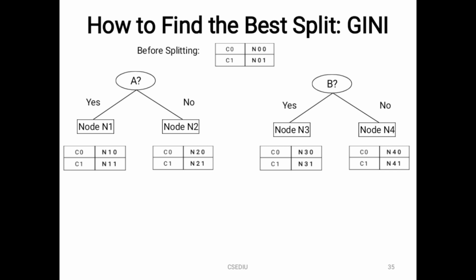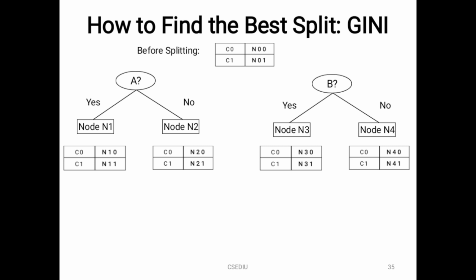How to find the best split in Gini? Here there are two options, A and B, with nodes 1 and 2, and nodes 3 and 4. C of 0 is N1 0, then C of 1 is N1 of 1. Here N of 2 0, then N of 2 1.